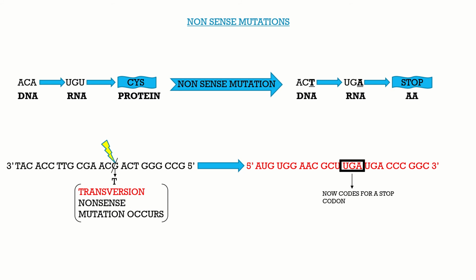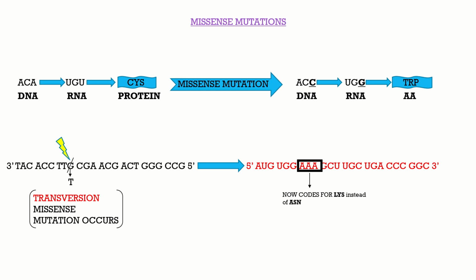As you can see in the example here, this base change from our original example DNA sequence from G to T, which is, by the way, a transversion base change, because it's G to T. Once we change that, this original codon now becomes UGA, which, if you look at your genetic code chart, is a stop codon.